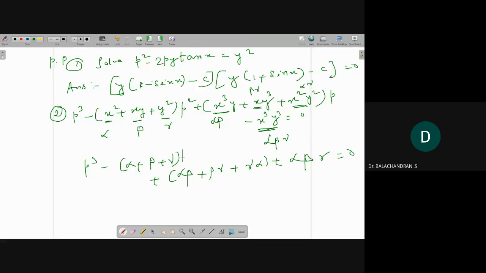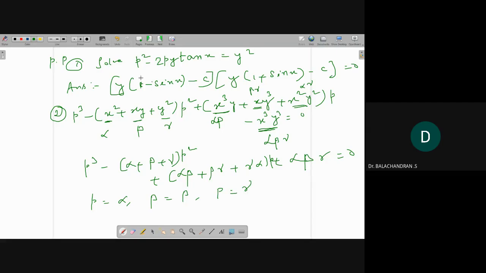Here this is the sum of the roots taken one at a time, here the sum of the roots taken two at a time, and this is the product of the roots. And hence you know that the roots of this equation are p equal to alpha, p equal to beta and p equal to gamma.